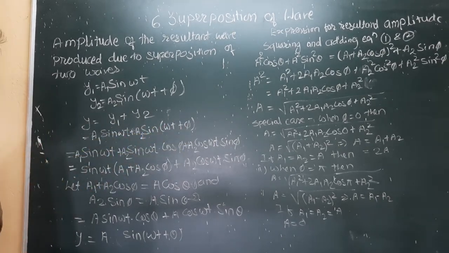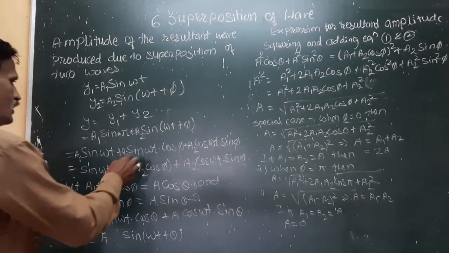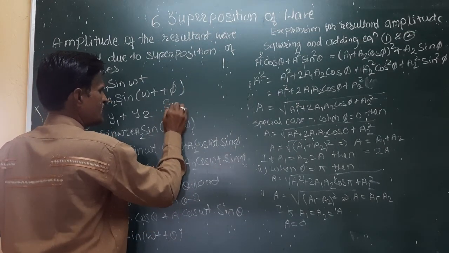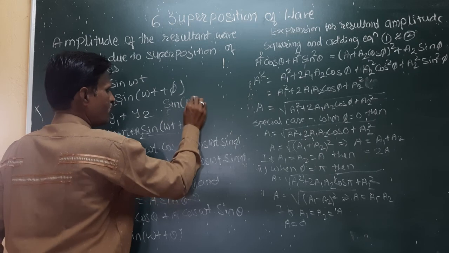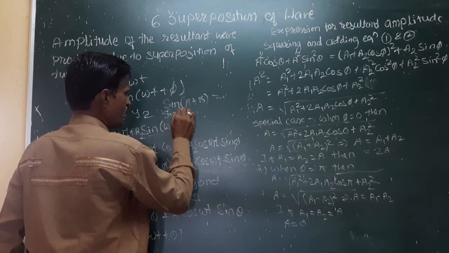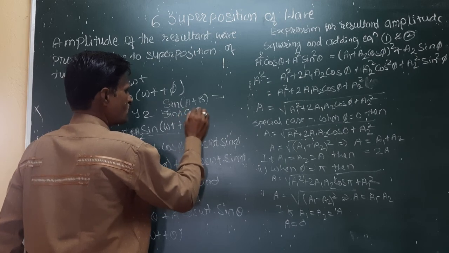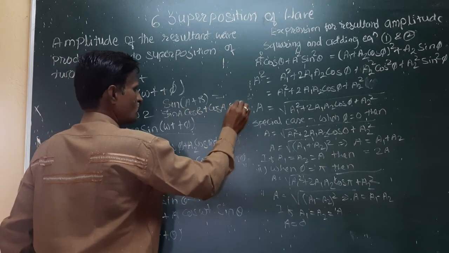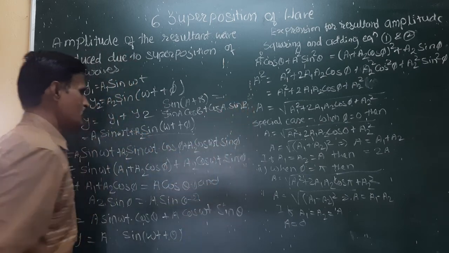Now here we are using the trigonometric formula, sin(a plus b) is equal to sin a cos b plus cos a sin b.